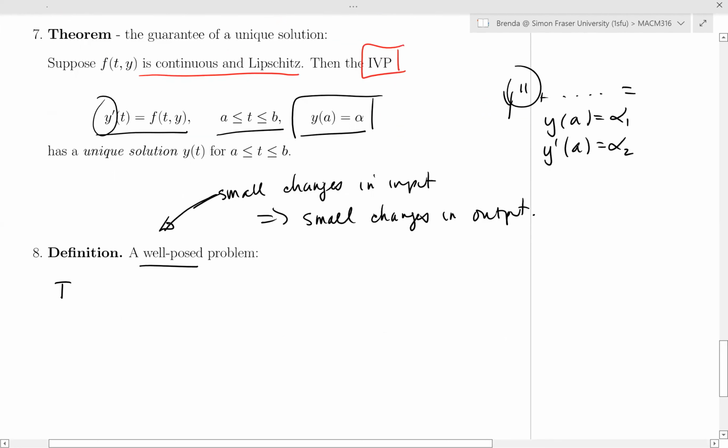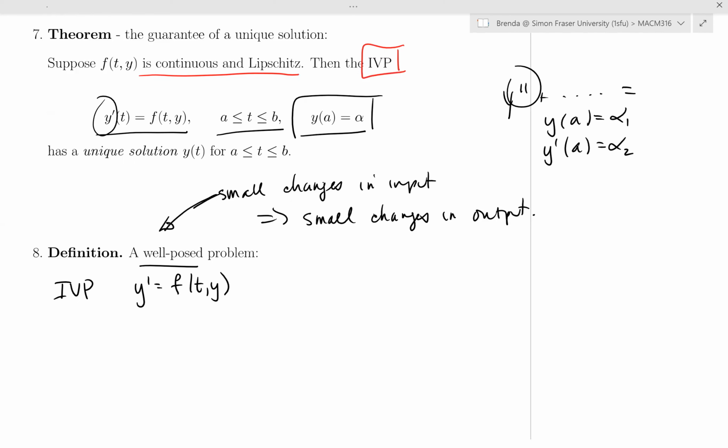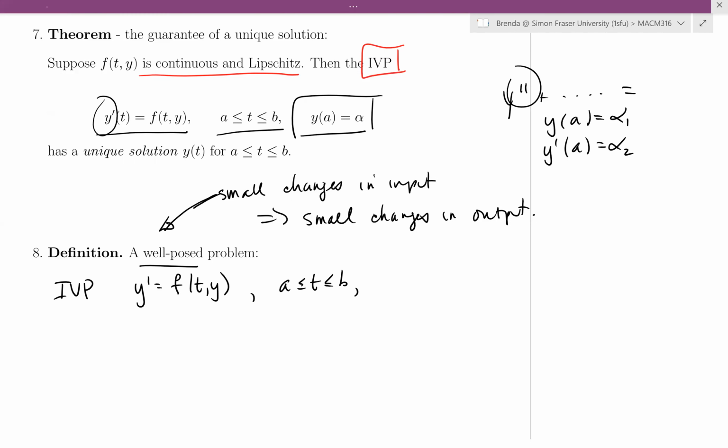If we have an initial value problem looking like this, so we have our interval and we have our initial condition, it is well posed if, one, a unique solution exists.